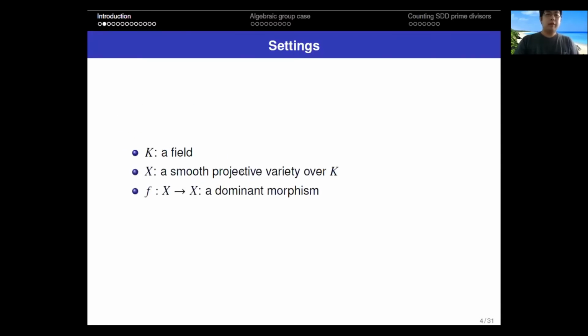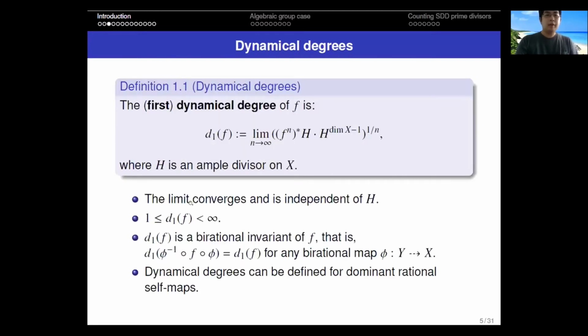Okay, first the setting: K is an arbitrary field and X is a smooth projective variety over K, and F is a dominant morphism from X to itself. Then we can define the first dynamical degree of F by this formula.